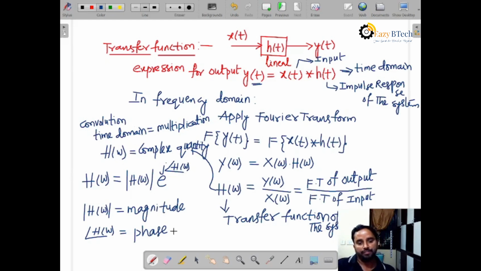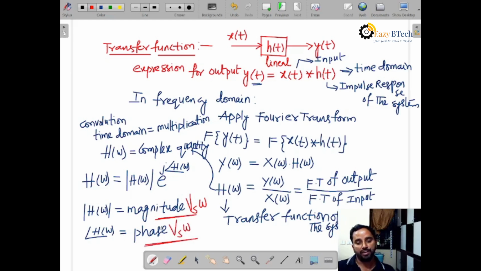Now the magnitude plot and phase plot we can also discuss. Magnitude plot means magnitude versus frequency. Phase plot means phase versus frequency, right?